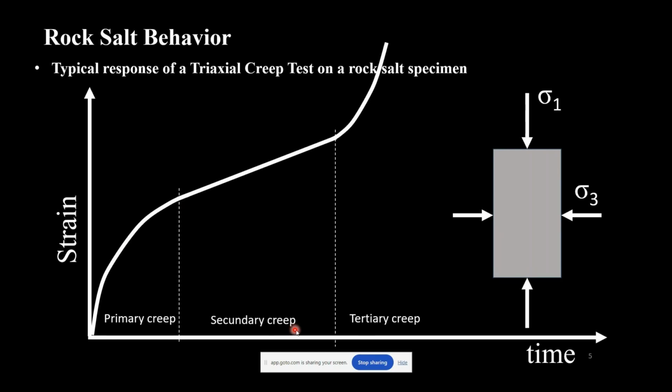So the time that we have this secondary creep is much larger than the time we have the primary creep. And this is basically the most important parameter we determine from a triaxial creep test, which is the secondary creep rate, right? Which is basically the slope of this curve.